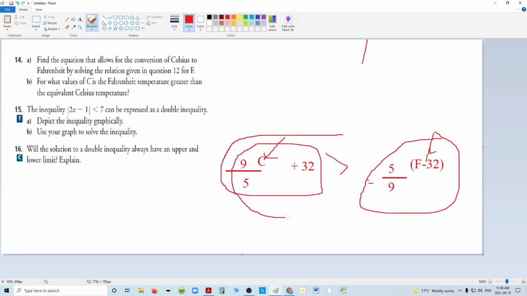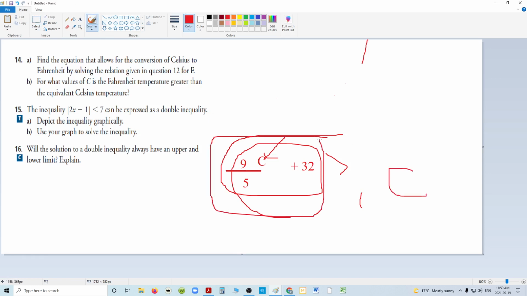Yeah, but this is a Celsius equation. So when is Celsius going to be bigger? So this is the Fahrenheit temperature. When is it going to be bigger than the Celsius temperature, essentially? So when is this Fahrenheit equation going to be bigger than the Celsius?